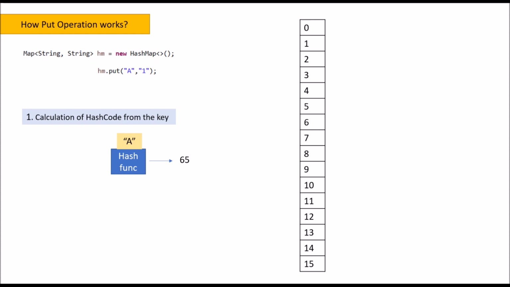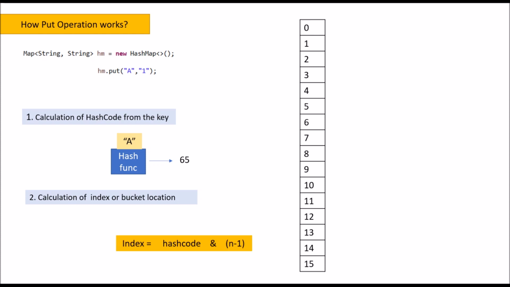The second step is the calculation of the index or bucket location to store the entry. Here, index equals hash code binary AND operation with n-1. So pass the value of the hash code and the value of n-1, and you will get the index.